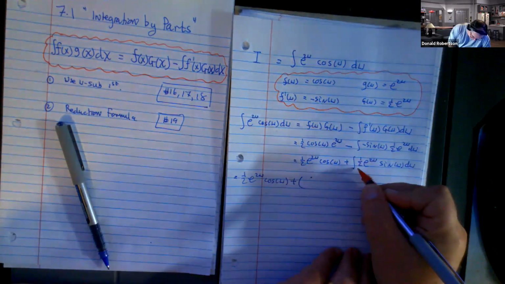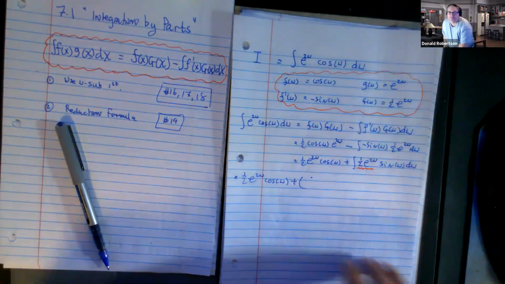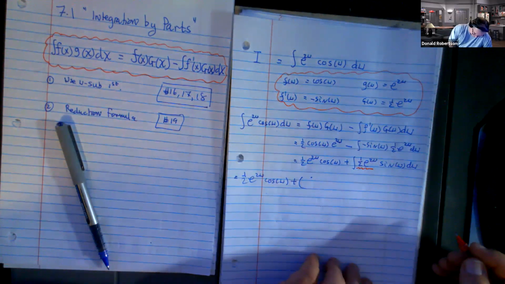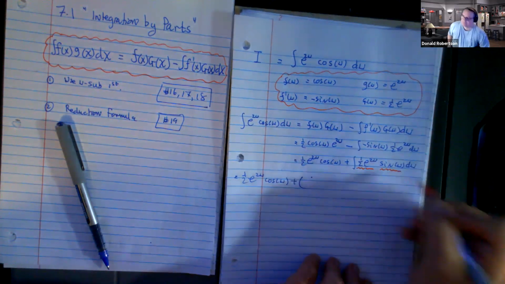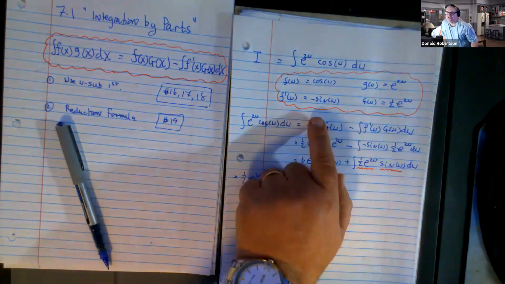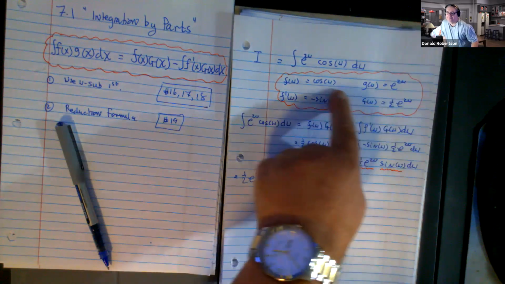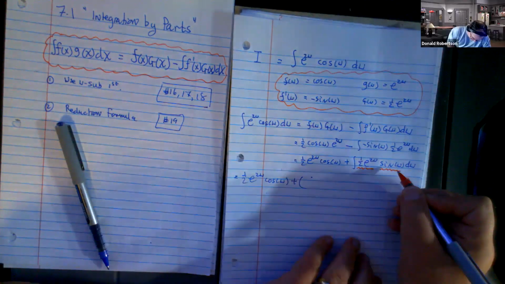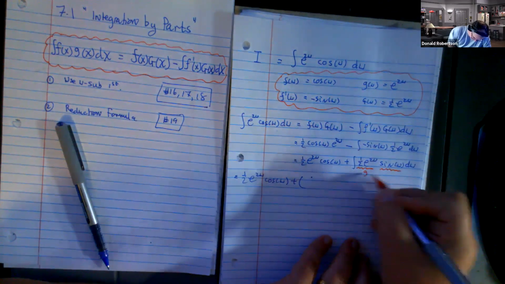Okay, who am I going to call this guy? F or g? Be consistent. G then. Okay, so I'm going to pick this guy and make him g and this guy's f.